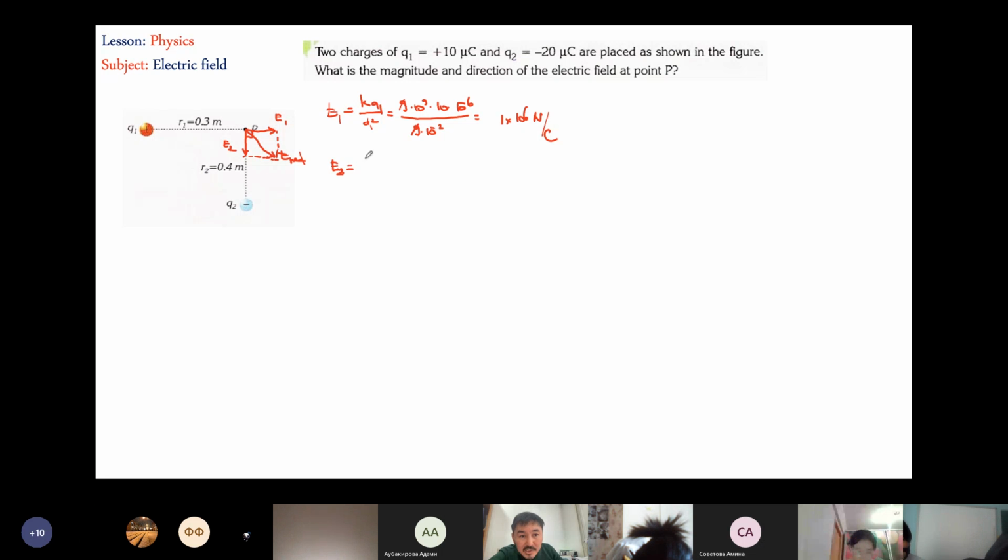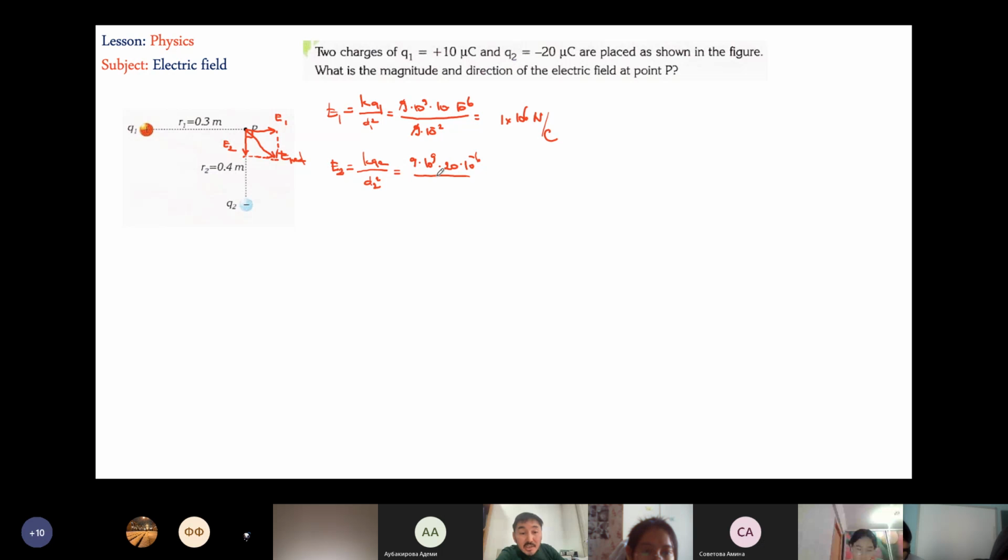The same logic is present here. That's K times Q2 over D2 squared. Of course, I have to replace it now: 9 times 10 to the power of 9 times Q2, that is 20 microcoulombs. I don't write the sign here, because I don't write minus or plus for magnitude. Since it is a vector, I already clarified the direction, so I don't need any sign here.